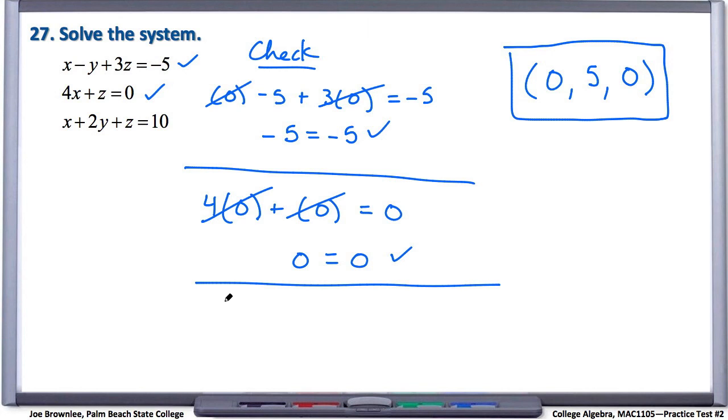So we will have x is 0 plus 2y, but y is 5, plus 0 equals 10. Our zeros go away. We have 2 times 5 is 10, so 10 equals 10. That is a true statement. And so we can see that our ordered triple, our solution, works in all 3 equations and is therefore a solution to the system.